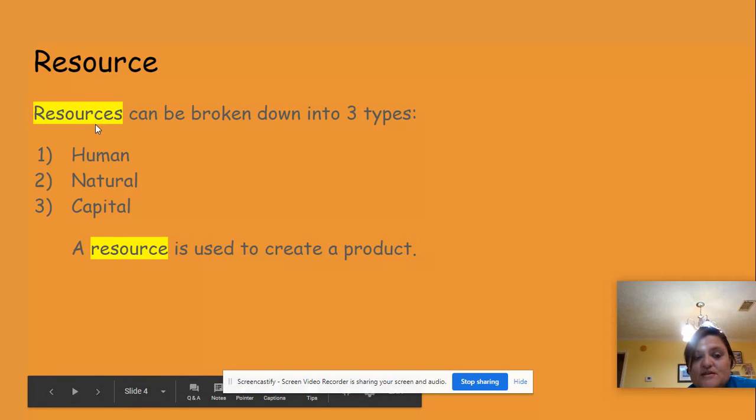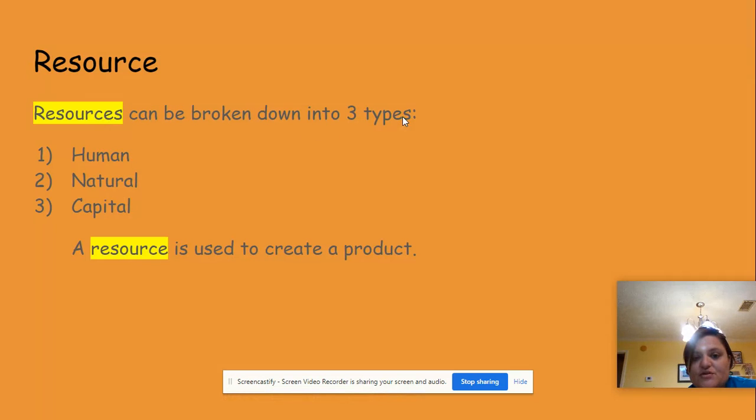Resource. Resources can be broken down into three types. So all of these are considered resources. There are three types: human resources, natural resources, and capital resources. A resource is used to create a product. So one of these kinds of resources will always be used to create a product.